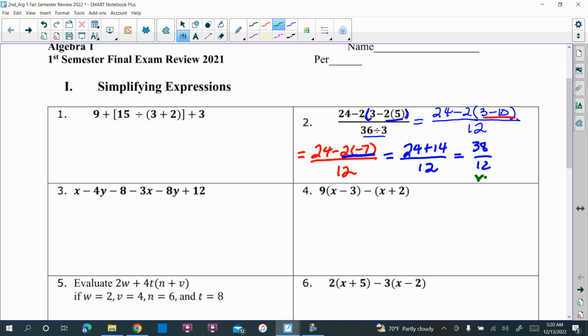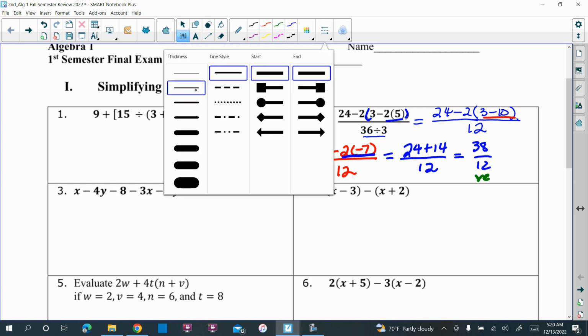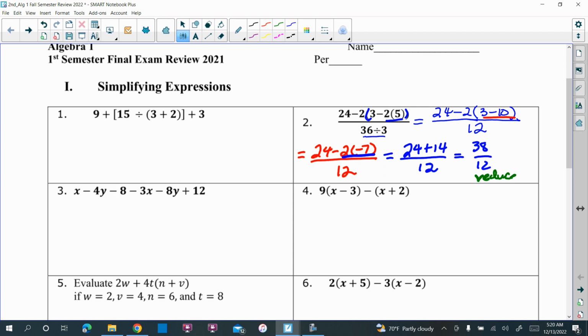Make sure you give the simplified answer. You can use your calculator for that. I notice the multiple they have in common, and this reduces to 19 over 6. And that's our final answer.